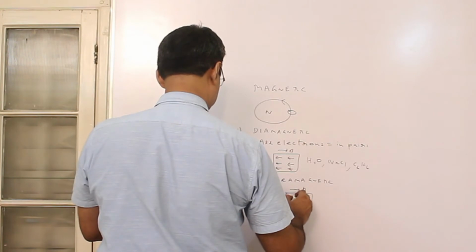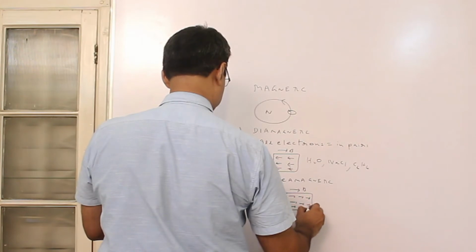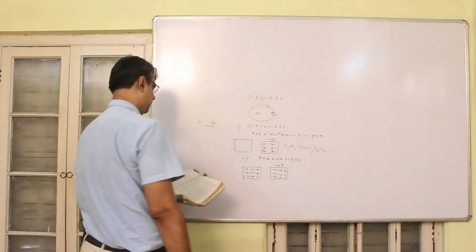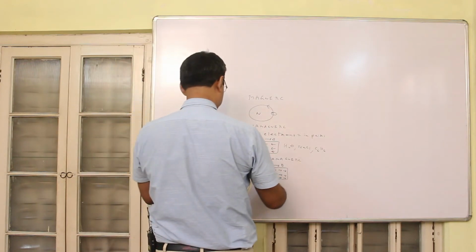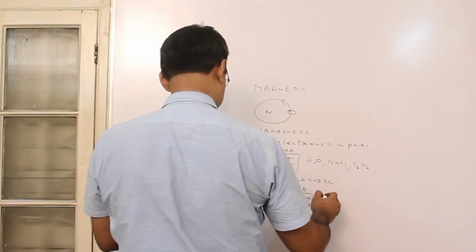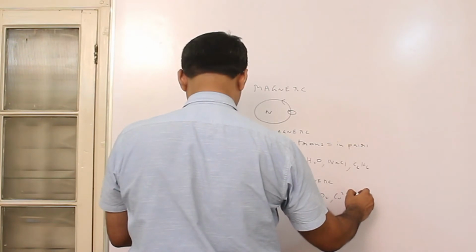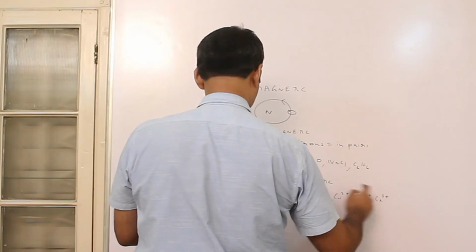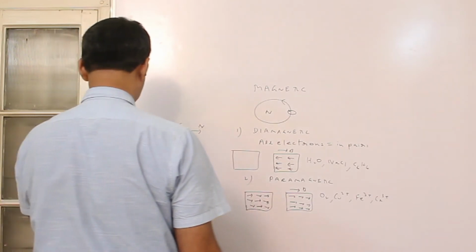If you apply an external field, you will find that the atomic dipoles align themselves perfectly according to the external field. Initially the dipole alignment is a little random, but it becomes perfectly aligned after an external field is applied. Examples of paramagnetic substances are oxygen, Cu2+, Fe3+, chromium 3+, etc.